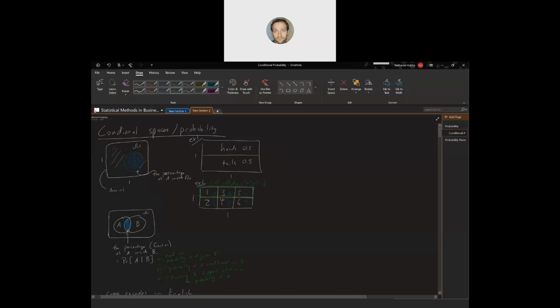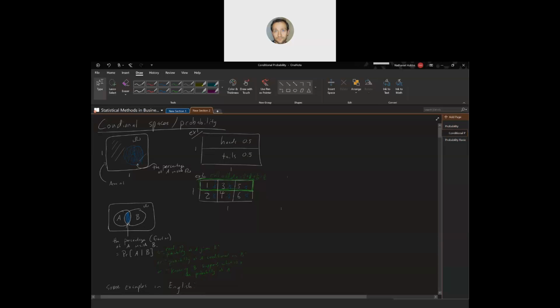Here, this event is defined by these three things. You could get a 1 or a 3 or a 5. And each of those happens with probability 1/6. And so the probability of the single event is a half.